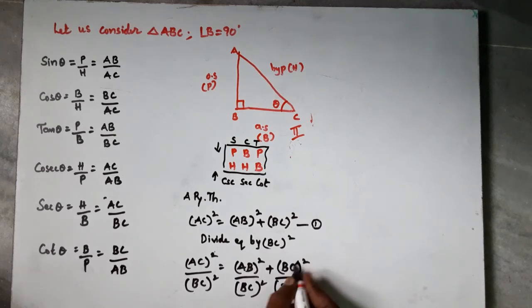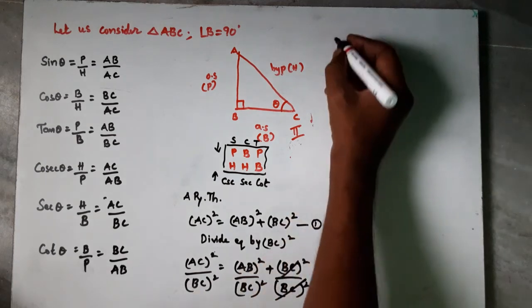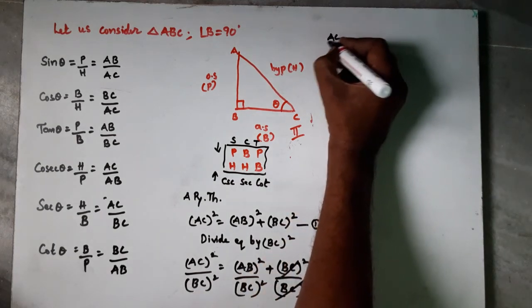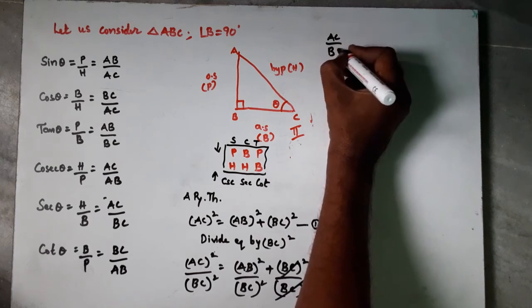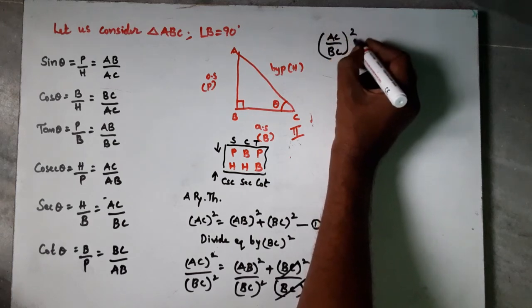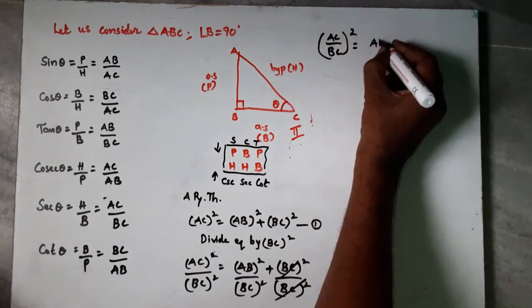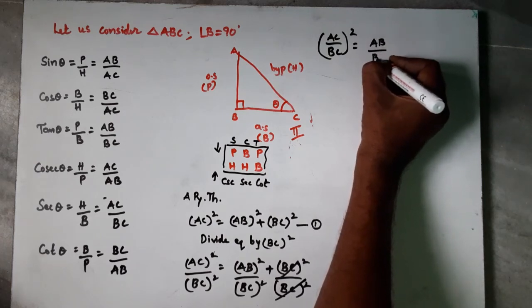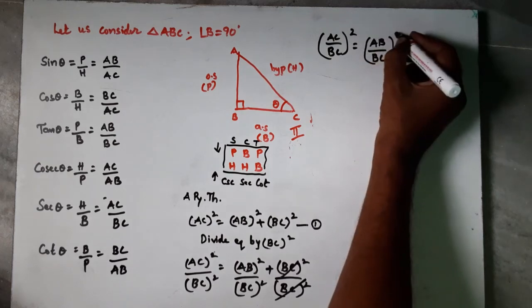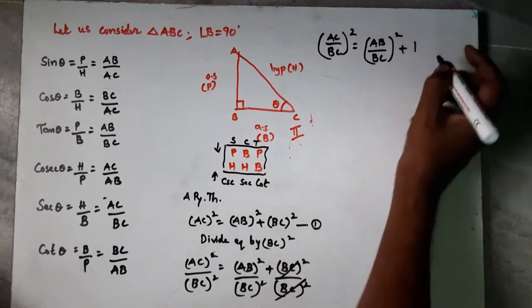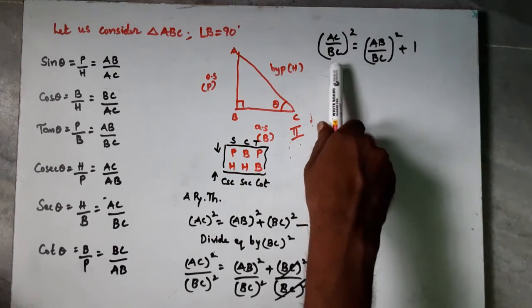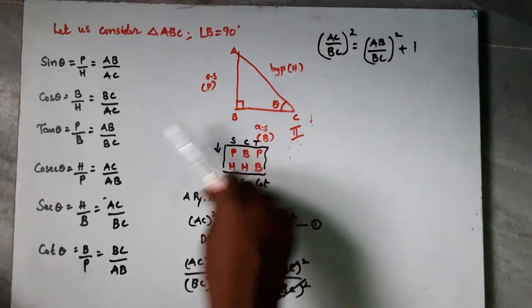Okay, BC square cancels. What is remaining? AC by BC whole square is equal to AB by BC whole square plus 1. Now let us see the trigonometric ratio AC by BC.